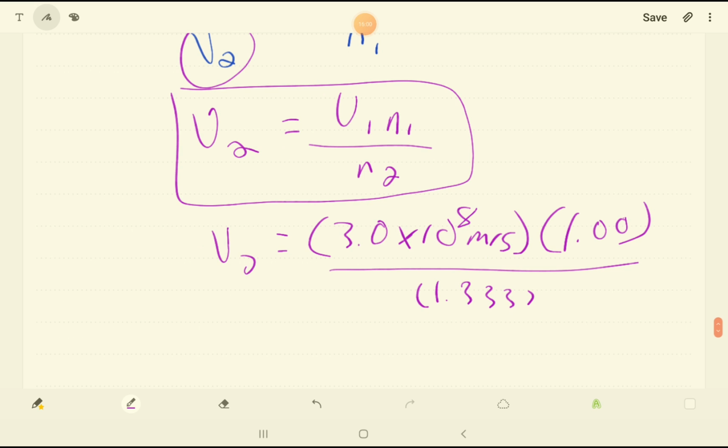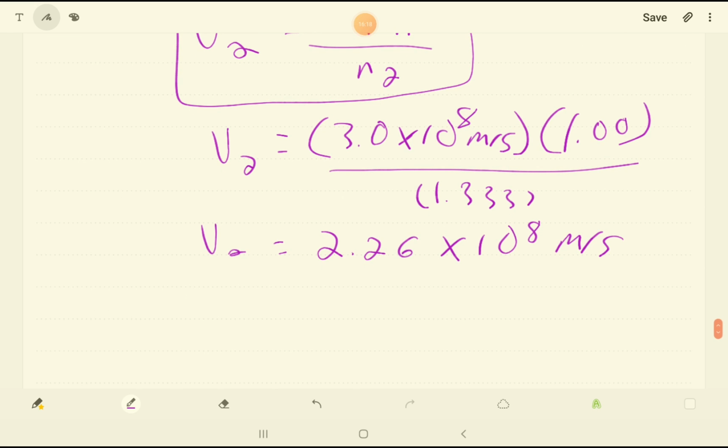And when we calculate this, you should get a speed of about 2.26 times 10 to the 8 meters per second.